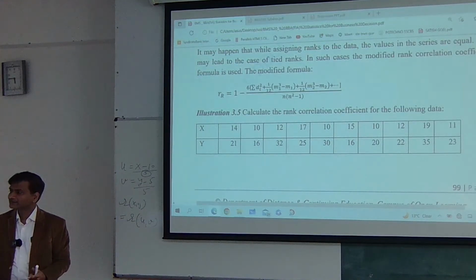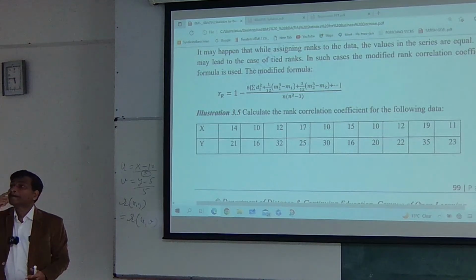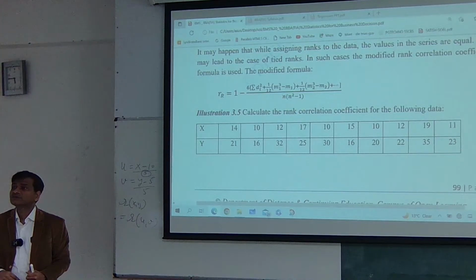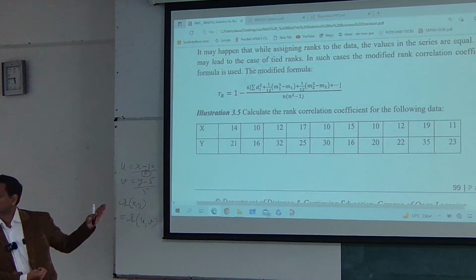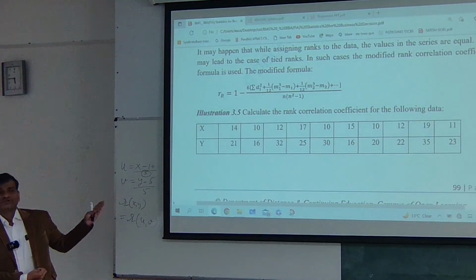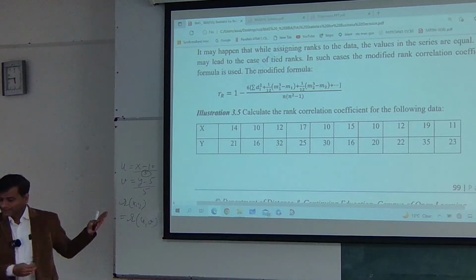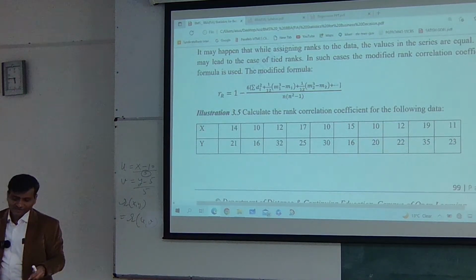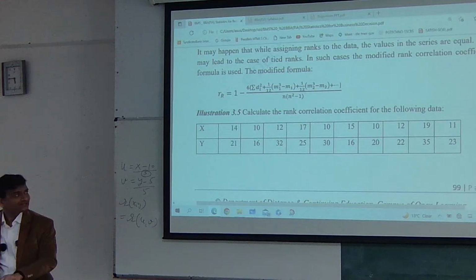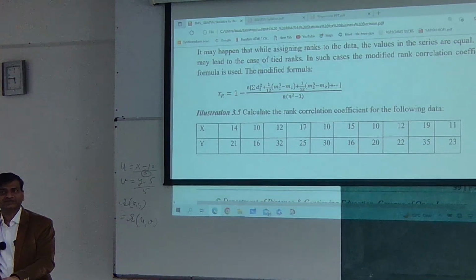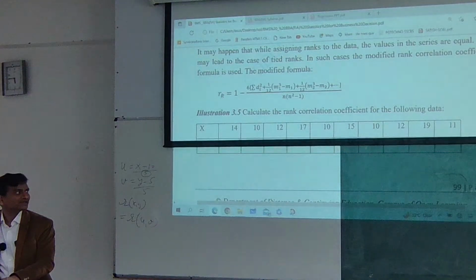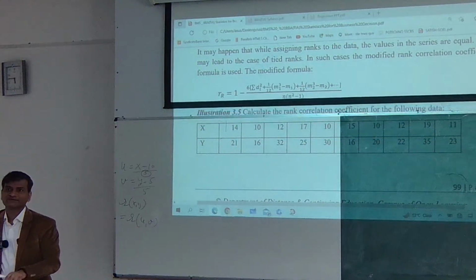Absolutely, the smallest value gets rank 1, then the next one gets 2, and so on. नहीं, अरेंज नहीं करेंगे. उसकी दिक्कत क्या है, there are 2 variables now, X and Y, तो अरेंज करोगे तो प्रॉब्लम हो जाएगी.